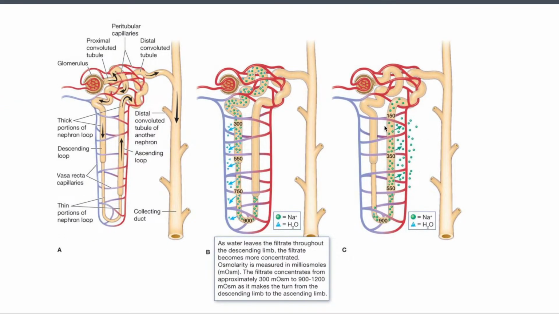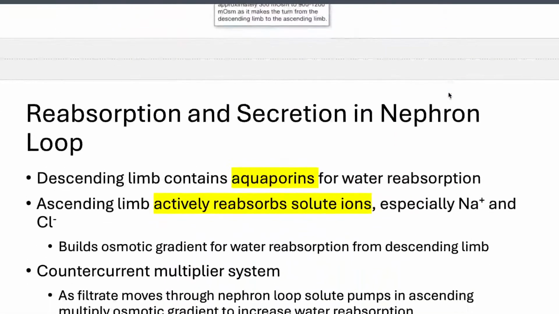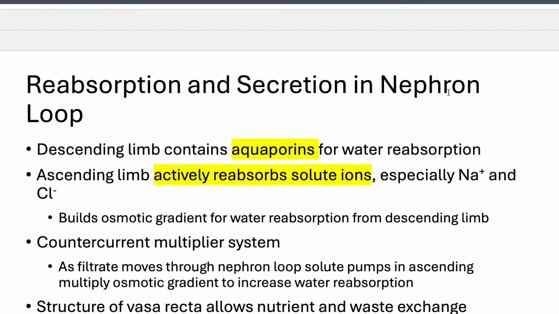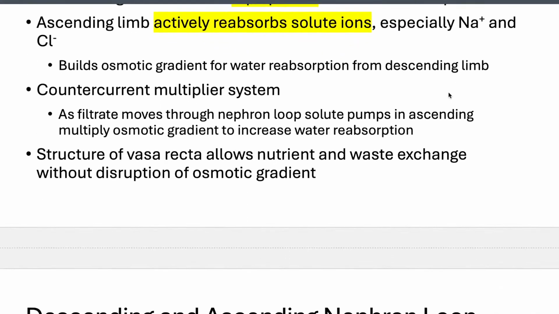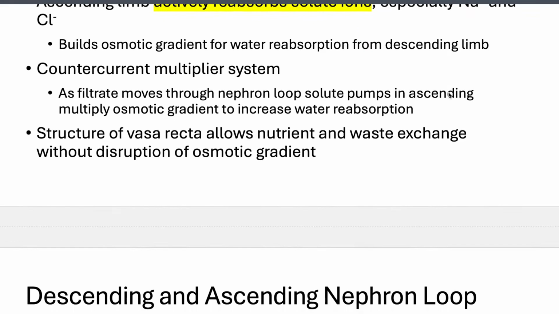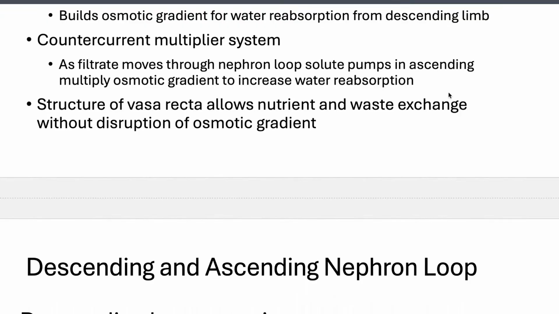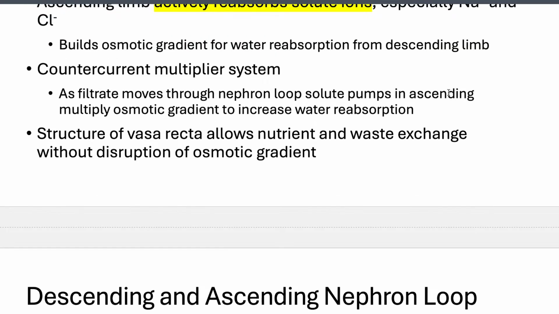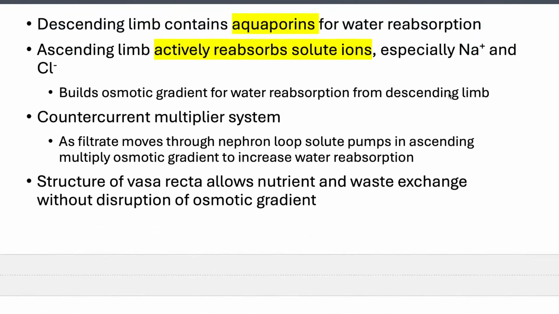This is going to make a gradient. This process is called the countercurrent multiplier system. The structure of the vasa recta allows nutrient and waste exchange without disruption of osmotic gradients.